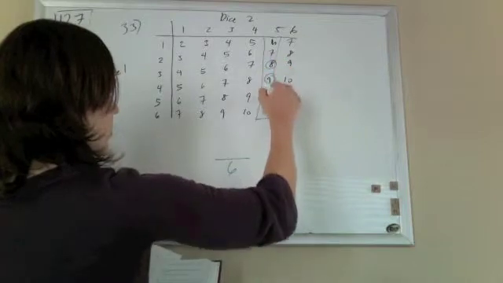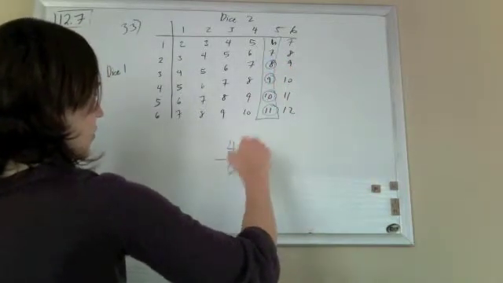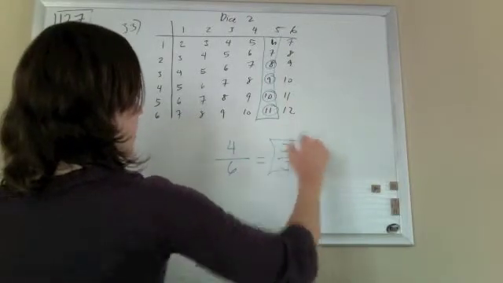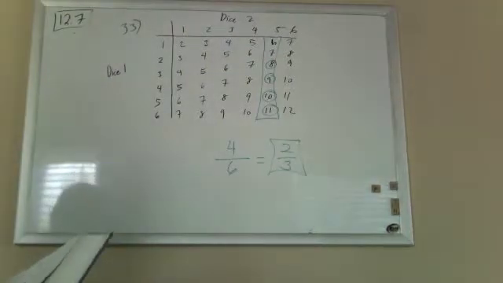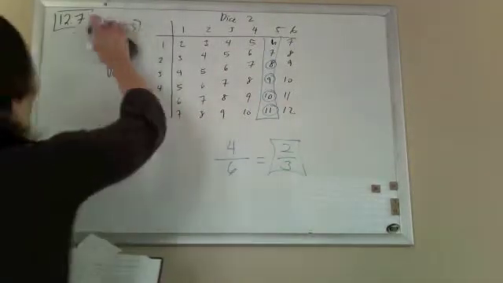So 1, 2, 3, 4 possibilities that we want out of the 6 that we know we're given. So 4 out of 6 simplifies to 2/3. That's number 33. Perfect, looking good. And on to 37.